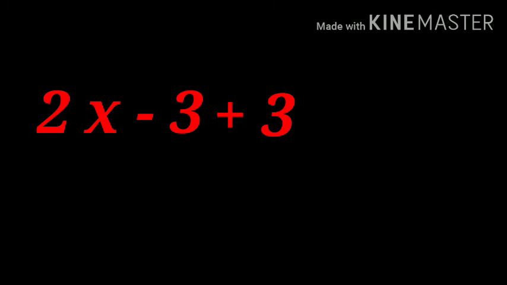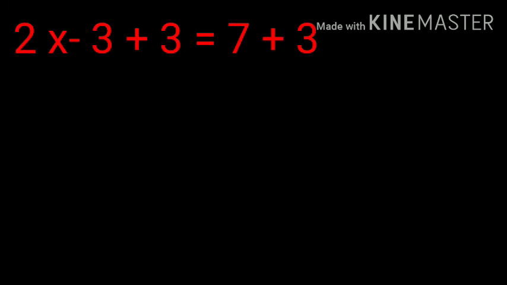So if I put +3 on this left hand side, I need to put +3 on the right side as well. Why am I doing this? Because if I add +3 on the right side as well, then only is the beam in its balancing position.